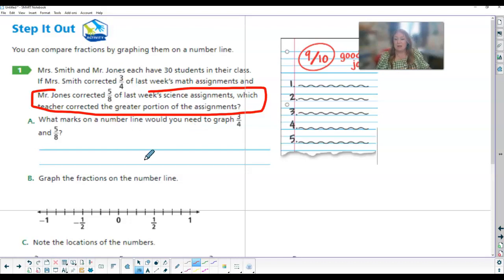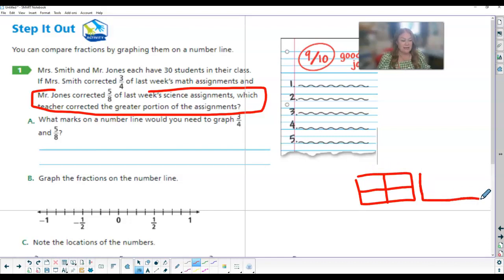So what marks on the number line would you need to graph 3/4 and 5/8? So we're trying to figure out, what do we need to graph these? So 4ths and 8ths are not the same. If I cut something into 4 pieces, that's not going to be the same as something cut into 8 pieces.